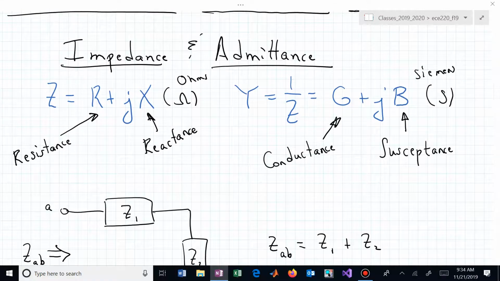Here is our definition page, word of the day. We have 4 or 5 of those. We have impedance and admittance. Those are reciprocals, and you can break those down into their rectangular pieces. You have a real piece and an imaginary piece to make a complex number. Impedance is a complex number, admittance is a complex number if they're reciprocally related.